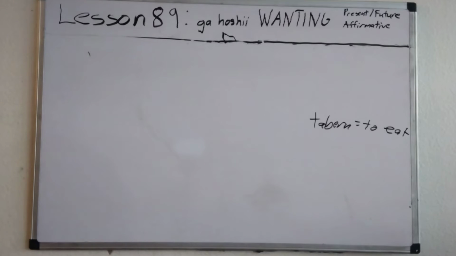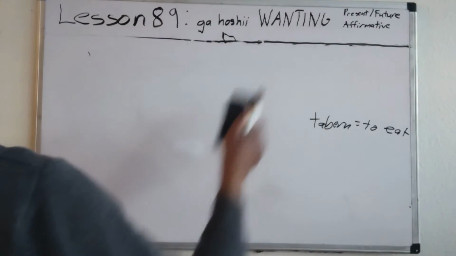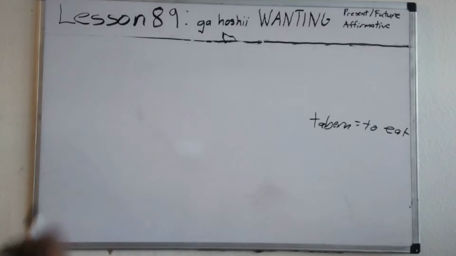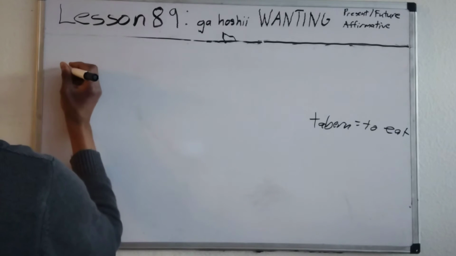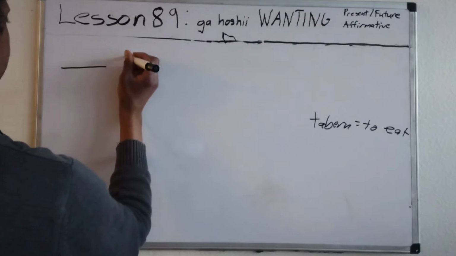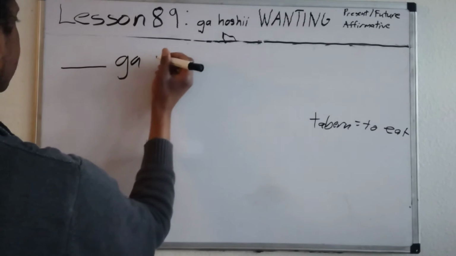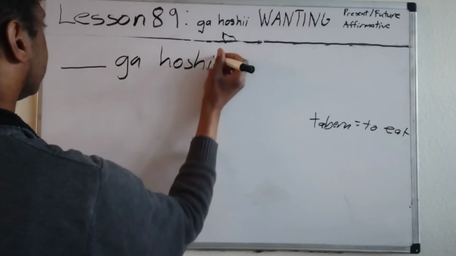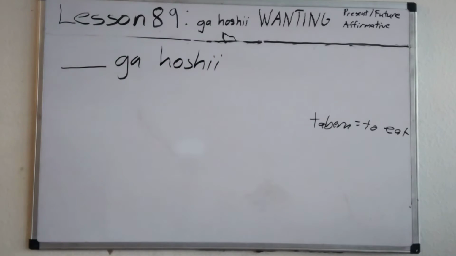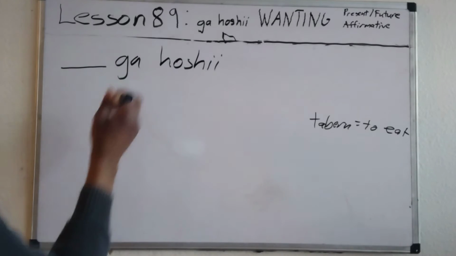Okay, so we're going to go over how to conjugate it into the present future affirmative. To do that, we simply write the object we're talking about, ga hoshii. Okay, the object ga hoshii.